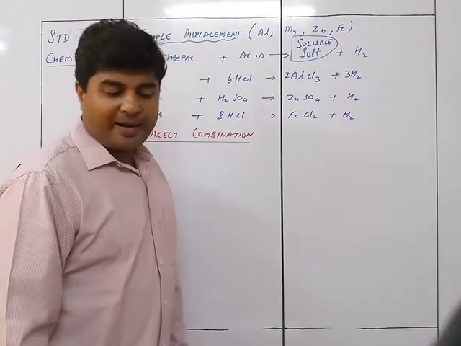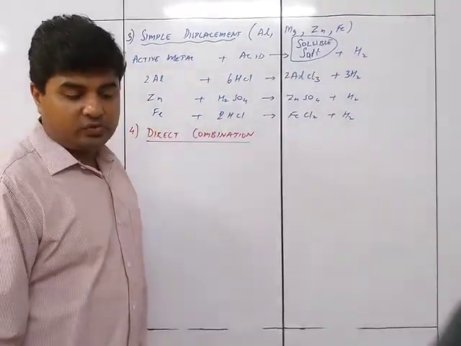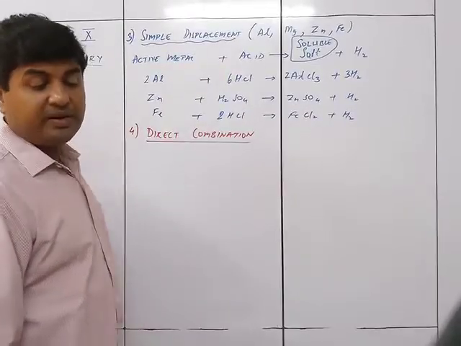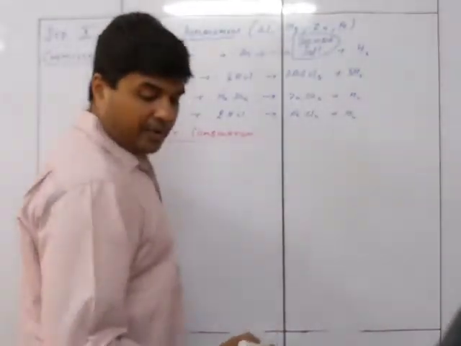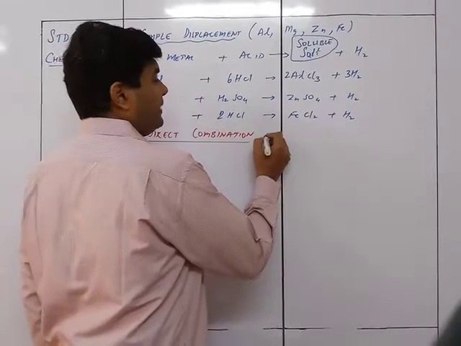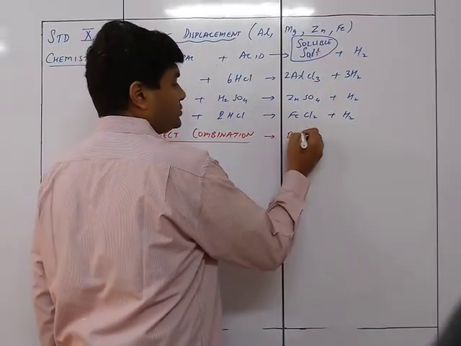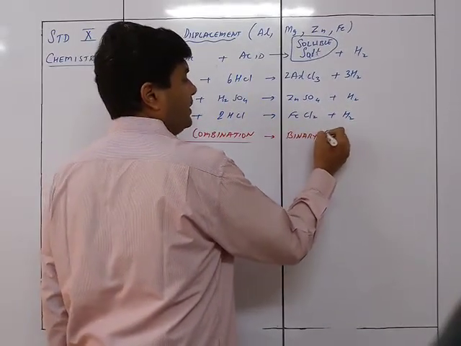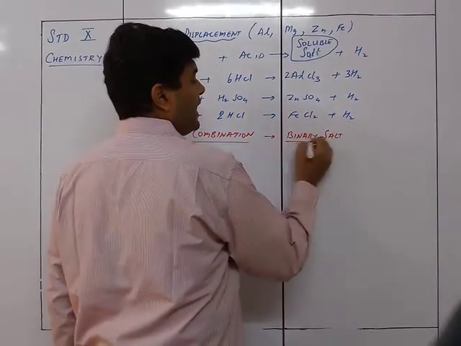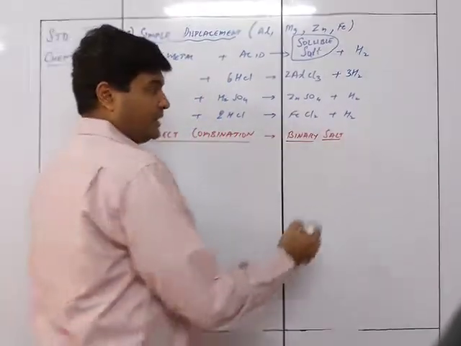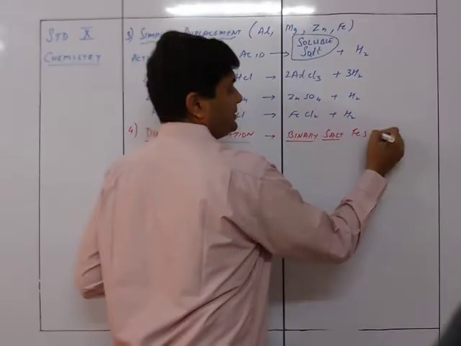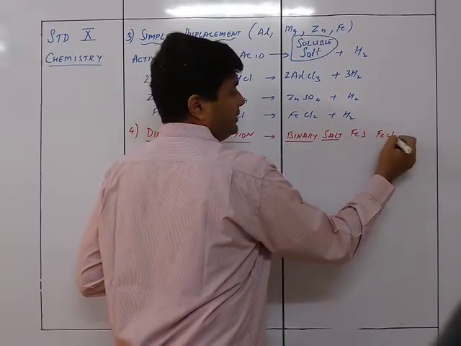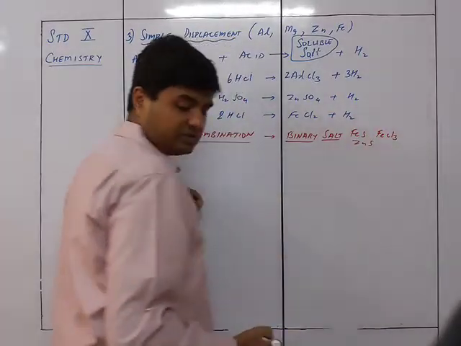The direct combination method can give both soluble as well as insoluble salts, but normally they will be binary salts. What are binary salts? Made up of only two types of atoms, like FeS, FeCl3, ZnS, things like that.